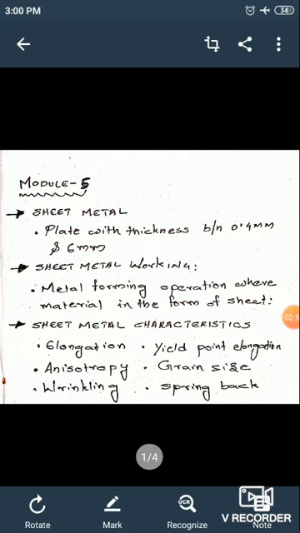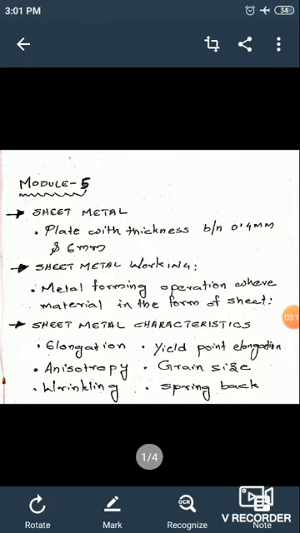So in cold rolled sheets, because of preferred orientation or mechanical fibering, we can always see the anisotropic property. For reducing the anisotropic property, the metal should be annealed. Annealing will reduce the anisotropic property.